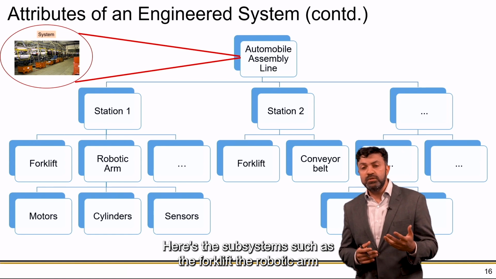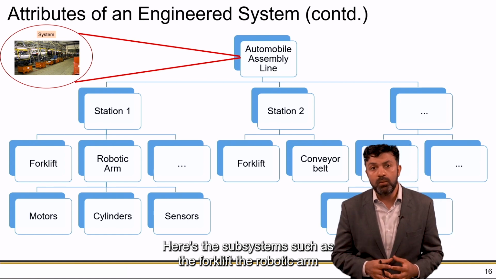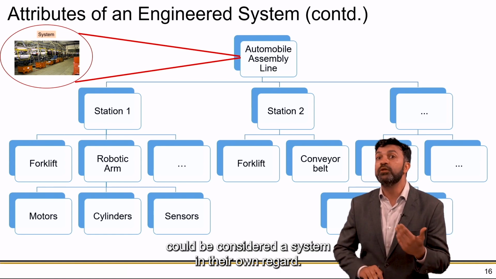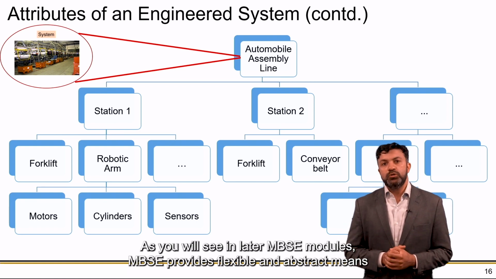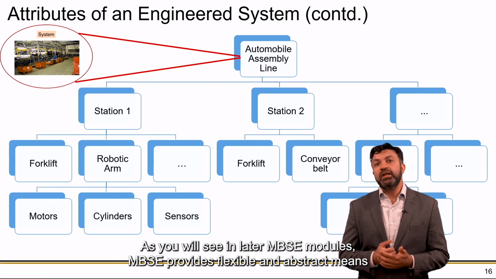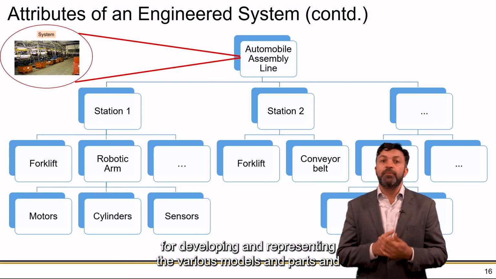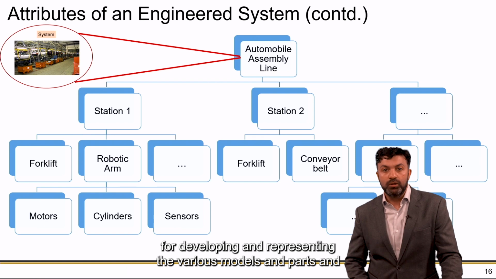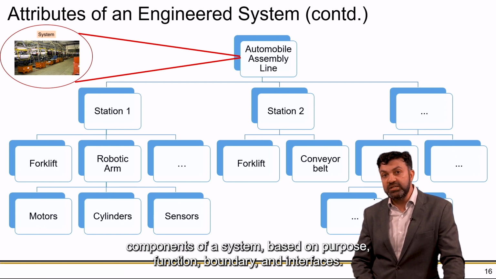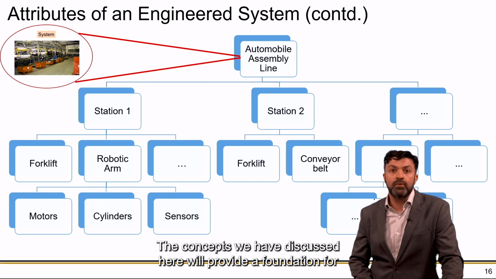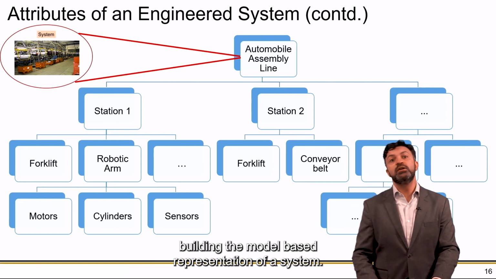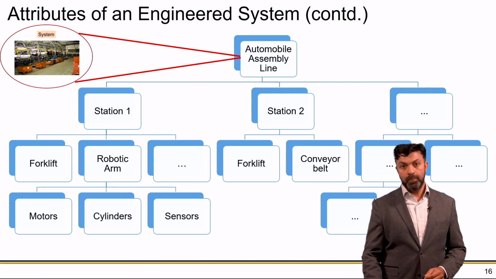Here, these subsystems, such as the forklift and the robotic arm, could be considered as systems in their own regard. As we will see in later MBSE modules, MBSE provides flexible and abstract means for developing and representing the various models and parts and components of a system based on purpose, function, boundary, and interfaces. The concepts we have discussed here will provide a foundation for building the model-based representation of a system.